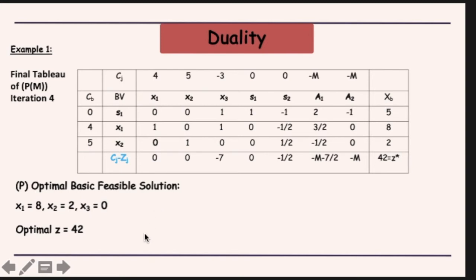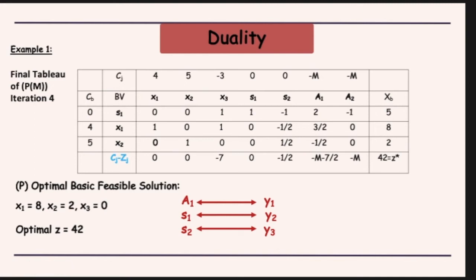Now again, just to recall the association: for the primal, A1 is associated with the first dual variable y1, S1 is associated with y2, and S2 is associated with y3.